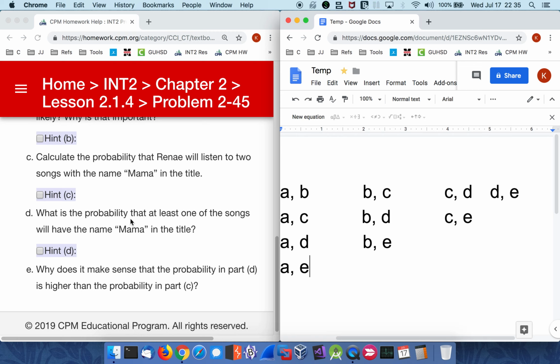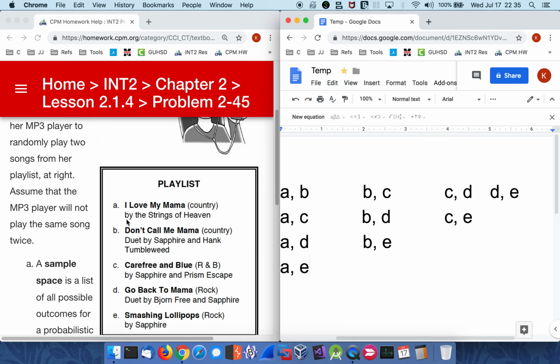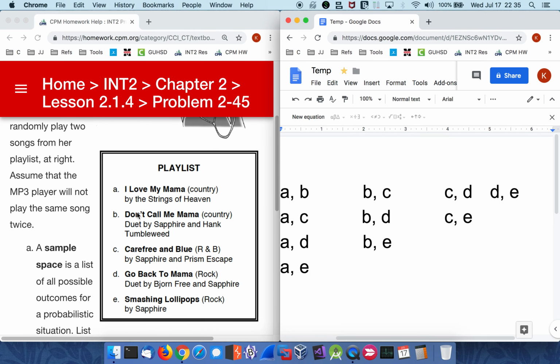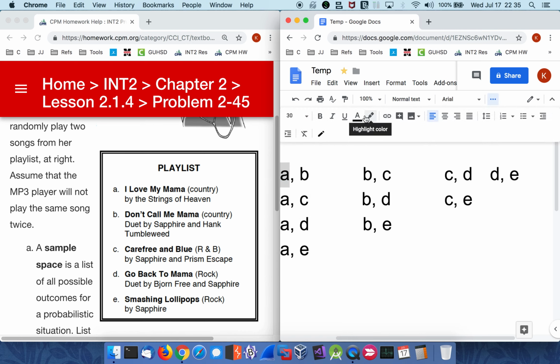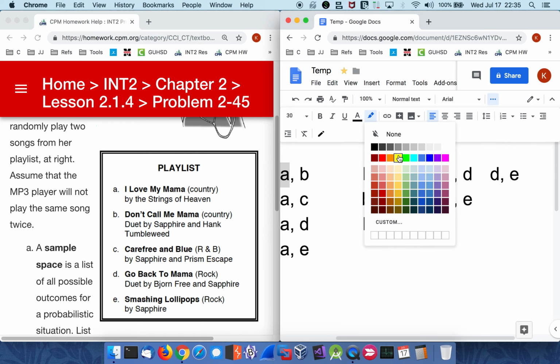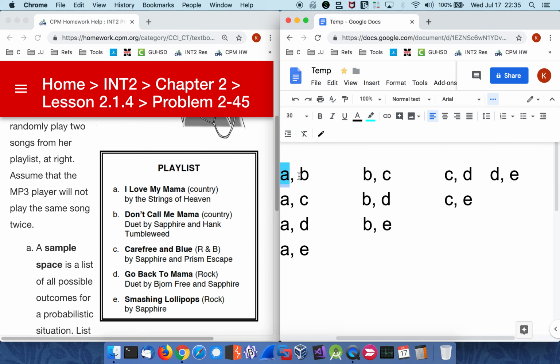Okay, I gotta write this down. Or actually, I'll just do it here. Okay, so A, B, and D. So if I can highlight the ones that have A, let's see, how do I highlight? There we go. Blue. Okay. So I'm going to highlight all the A's.